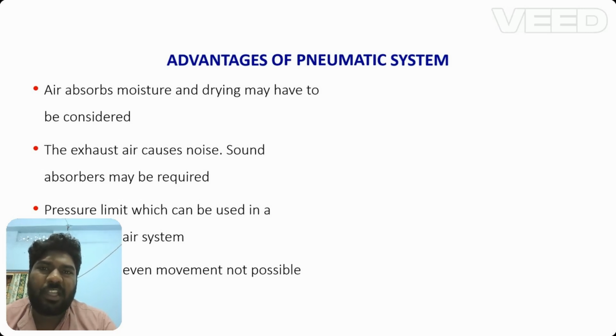And whatever the exhaust air, as we know, air flows from high pressure area to low pressure area. It creates noise. So to reduce that, in present days we have noise reducers, silencers, all those. But we can say they are doing their job up to 80%. And pressure is very much limited. High pressure cannot be controlled as we can control in hydraulics.